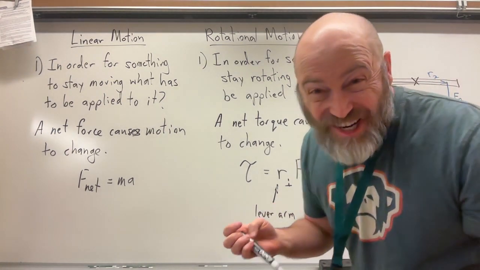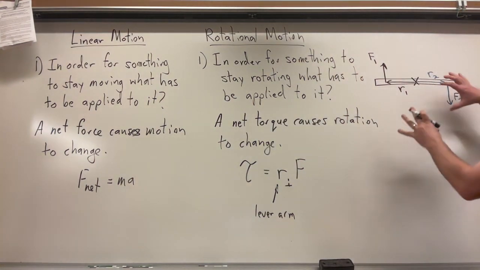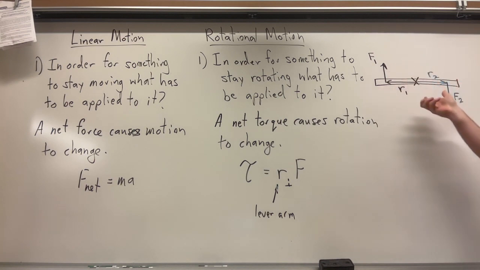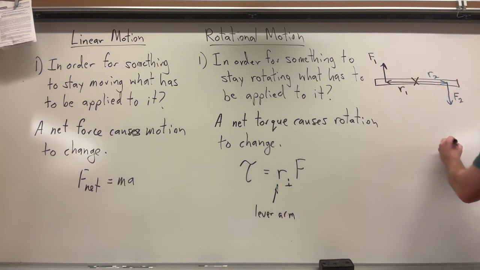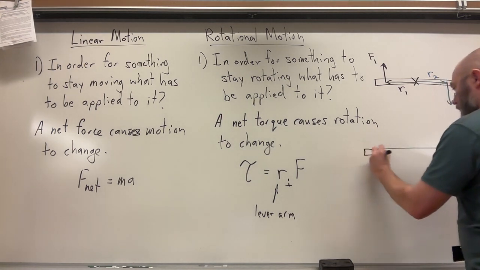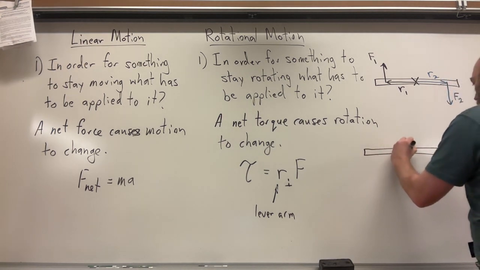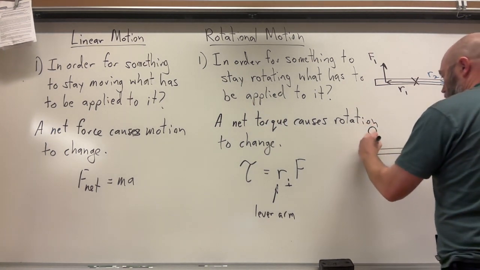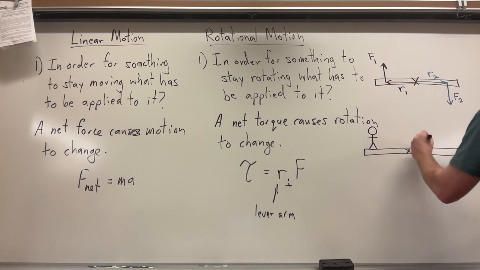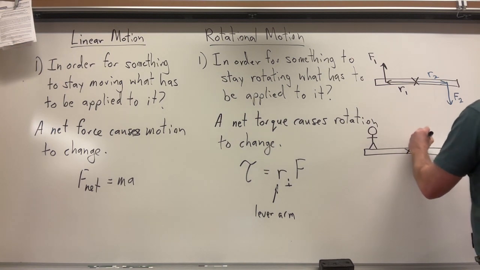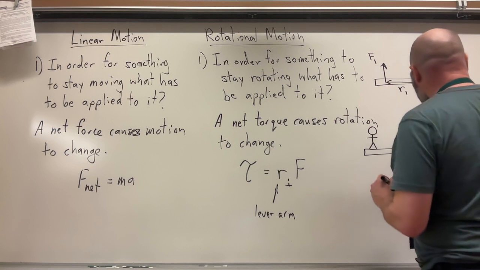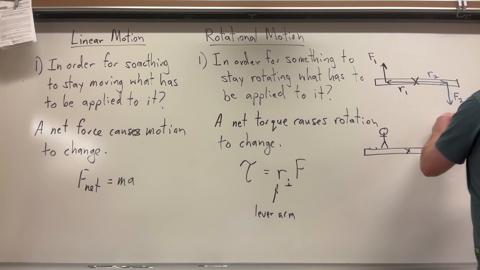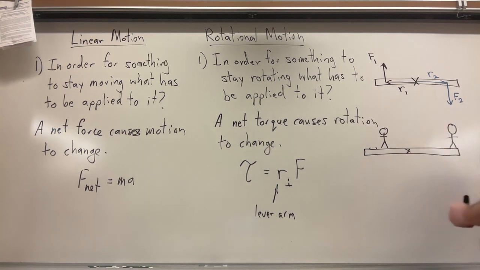If I have something like a teeter-totter, let's just do one of these examples. In the previous example, this torque and this torque both cause it to rotate clockwise, okay? Now if I have an example like this, let's say I have a teeter-totter that's rotating here, and there's a kid standing on it here, and there's a big dude standing on it over here.